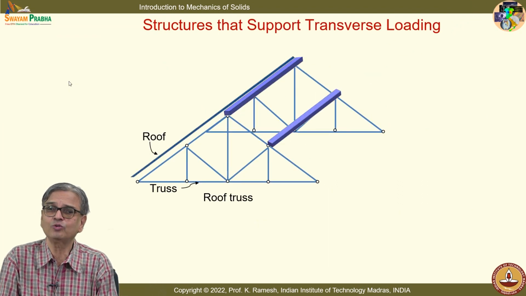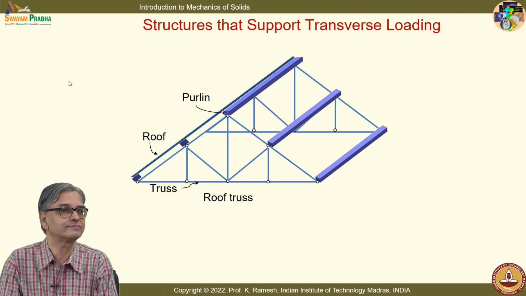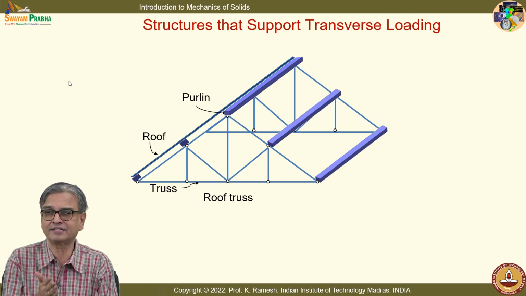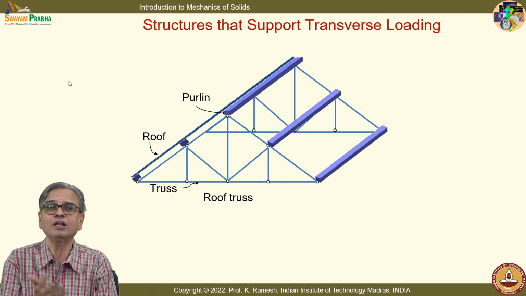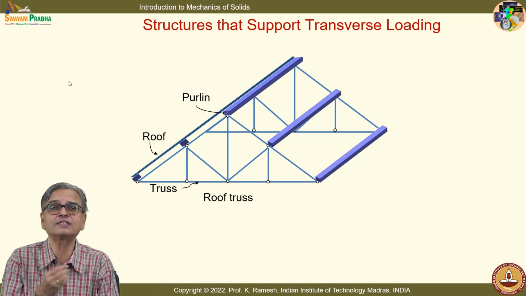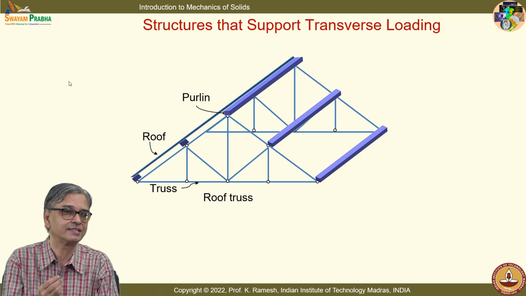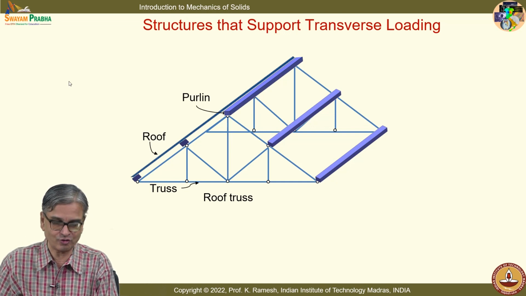See, in engineering you will find you have to support transverse load. You have studied trusses in your previous course. Can you recall what is the kind of forces that was resisted by the truss members? It is resisting the transverse load acting on it.